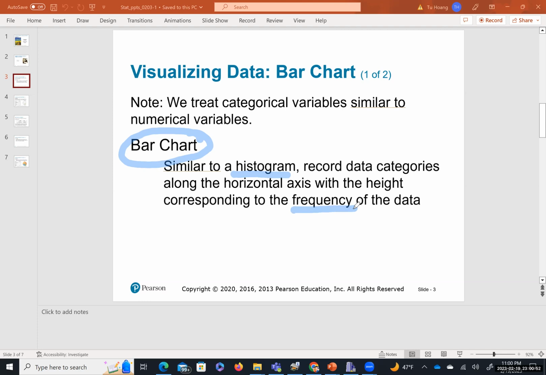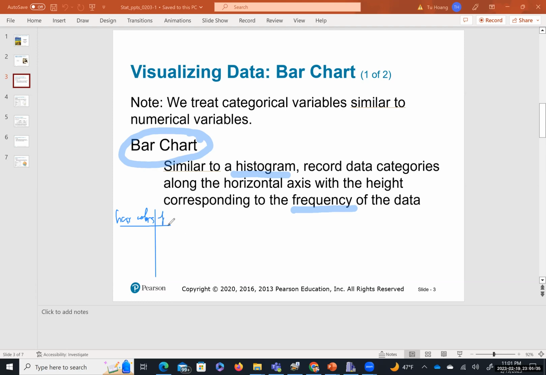I don't think that we have an example of a bar chart in the slide here, but I can make you something like this. So for example, let's say I'm talking about the hair color of the hourglass, right?